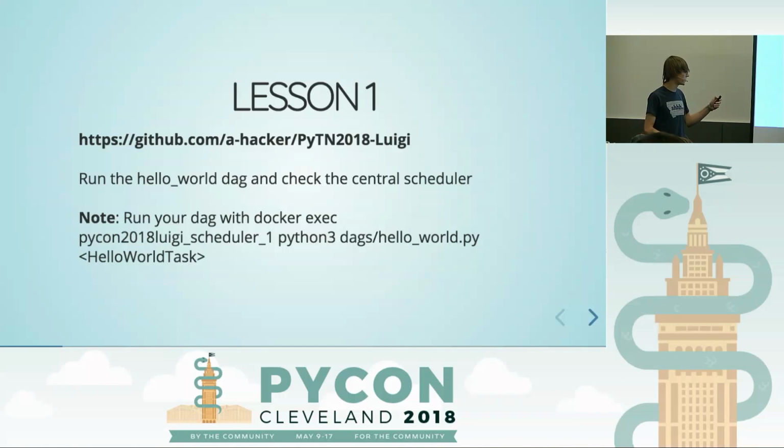And then there is this hello world DAG in the DAGs directory. Go ahead and run this command to run that DAG in your scheduler, and then just go to the visualization and see that everything ran, and you can look at your output and see what happened. And if you have any questions, of course, please ask us.